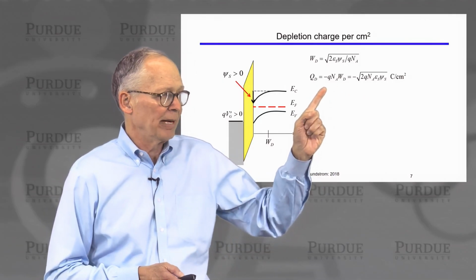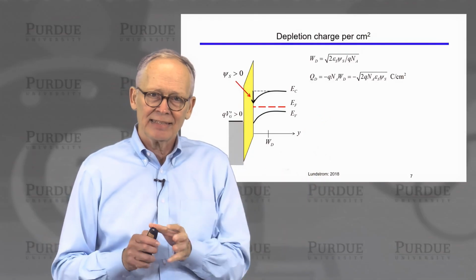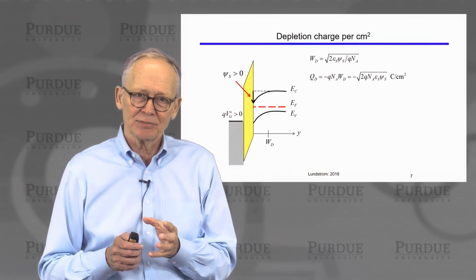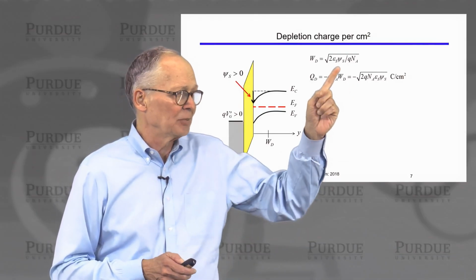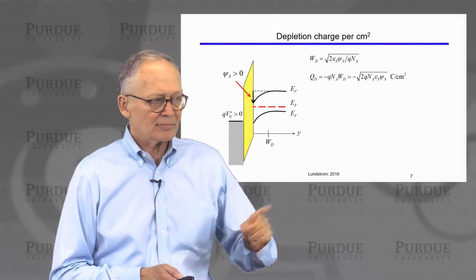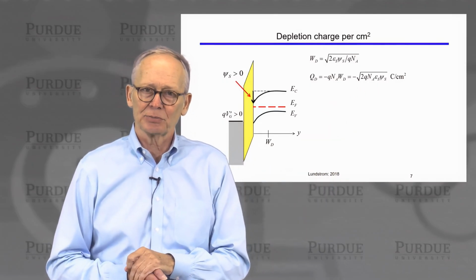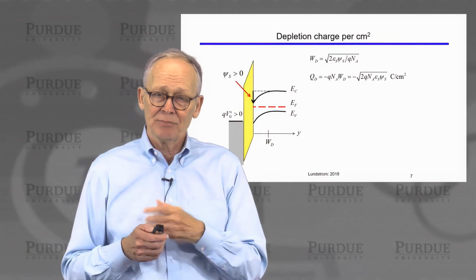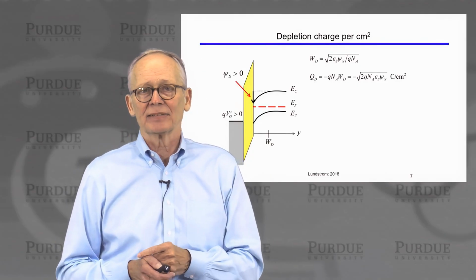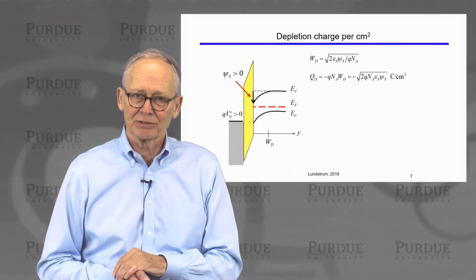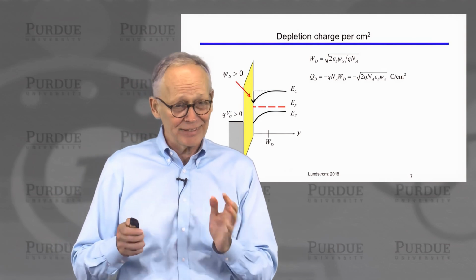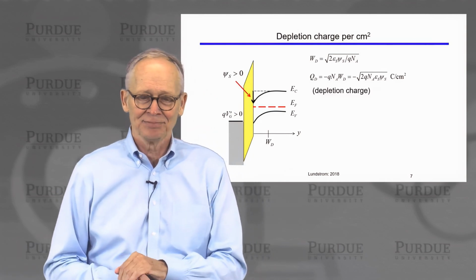We just multiply minus Q times Na, that's the volume charge density due to the ionized dopants, times the depth of the depletion region, and we get an expression for the charge versus surface potential. So the magnitude of the charge increases as the square root of the surface potential. That's going to be important. We're going to see these results over and over again.